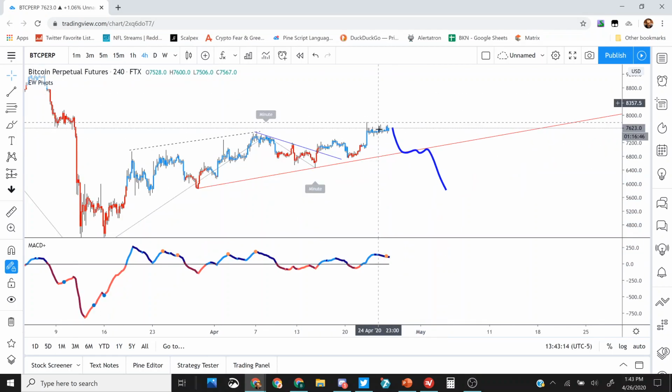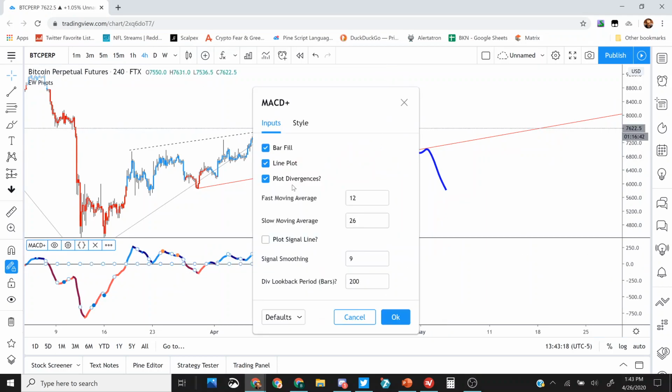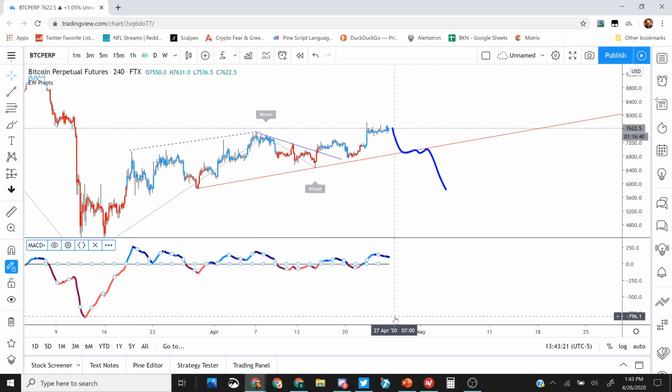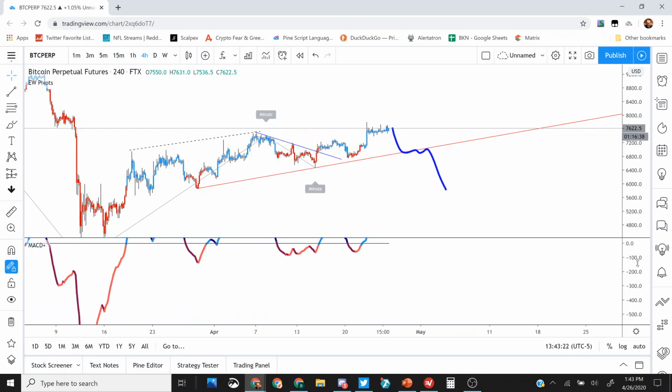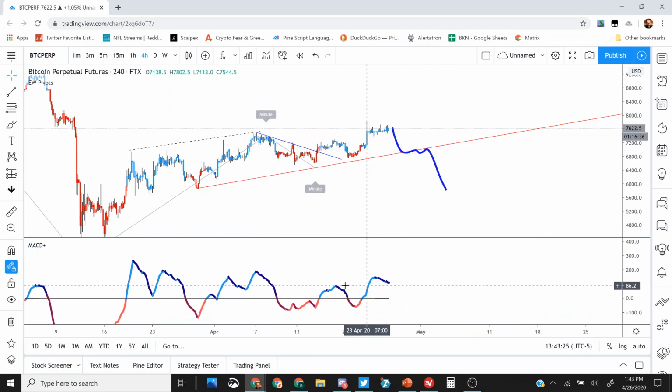I'm also watching the 4-hour MACD. Let me turn off the divergences. I don't really use those divergences at all. See, we really don't have too much divergence here. A little bit on each of this pivot, and here on the 4-hour each get lower.